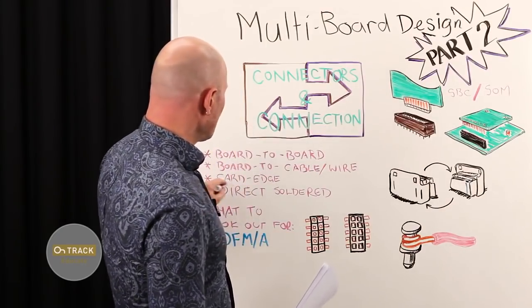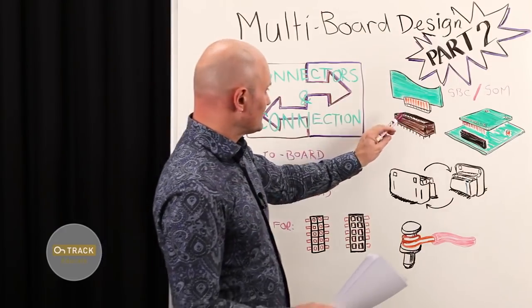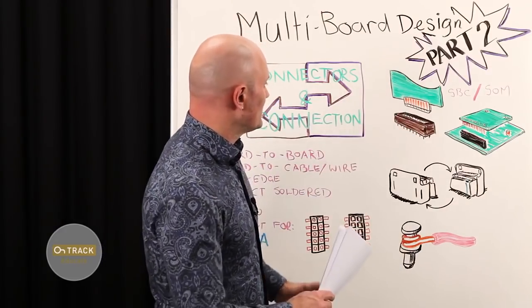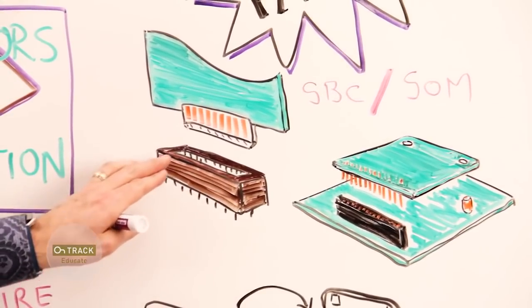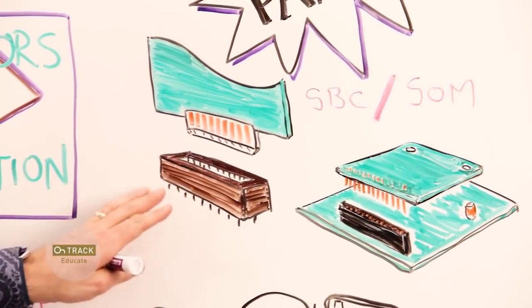And so going on to card edge connectors, let's talk about those for a minute. So in a card edge connector, we have a plastic socket that's got some spring-loaded terminals on either side.